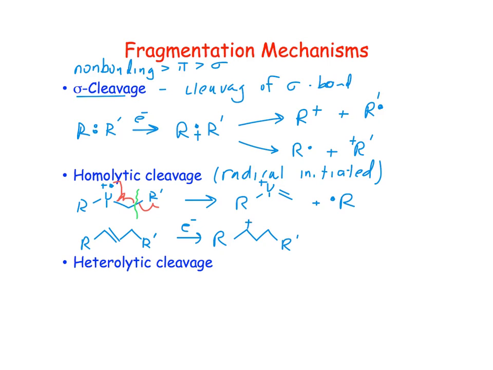I'm going to draw the plus on this side and the radical on this side, but you could reverse those. Then from this, we can draw the same type of cleavage like this. This is oftentimes called an alpha cleavage.